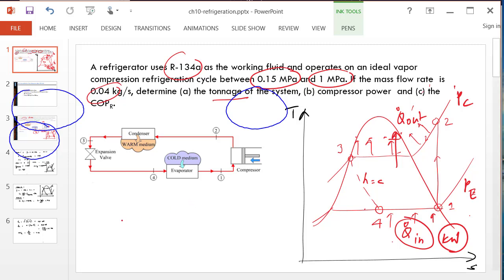If you recall, the Carnot COP for a refrigeration system is TC divided by TH minus TC. I know it's not a Carnot system, but if you increase the difference between TH and TC, you expect the COP to go down. So let's just check that.